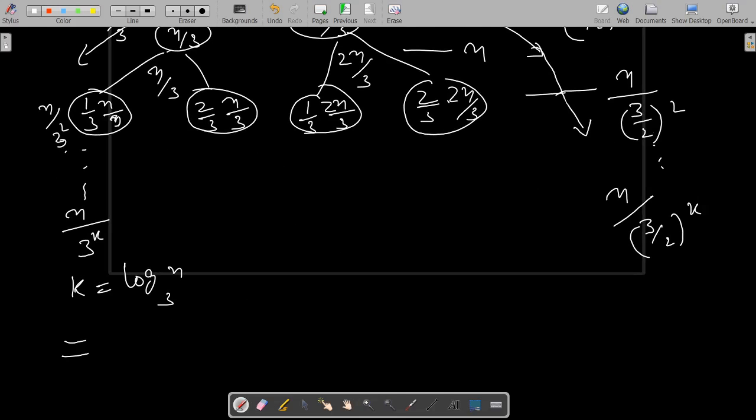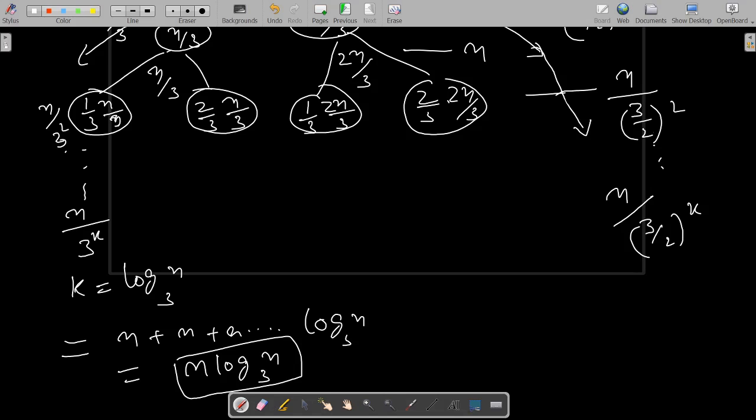So to compute the number of operations of the left side, we have n plus n till log n base 3 terms, which is equal to n log n base 3.